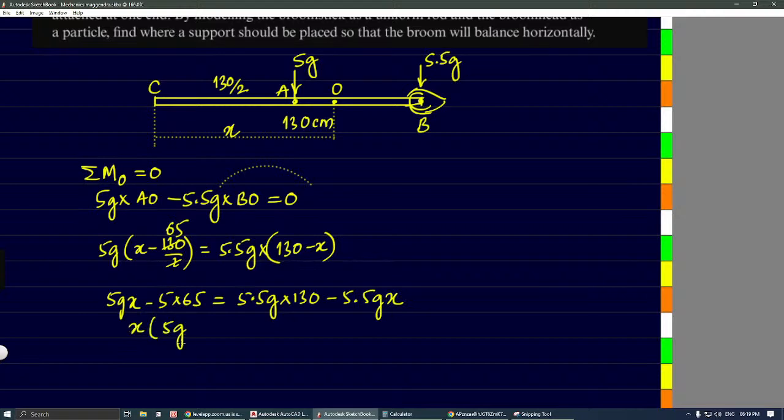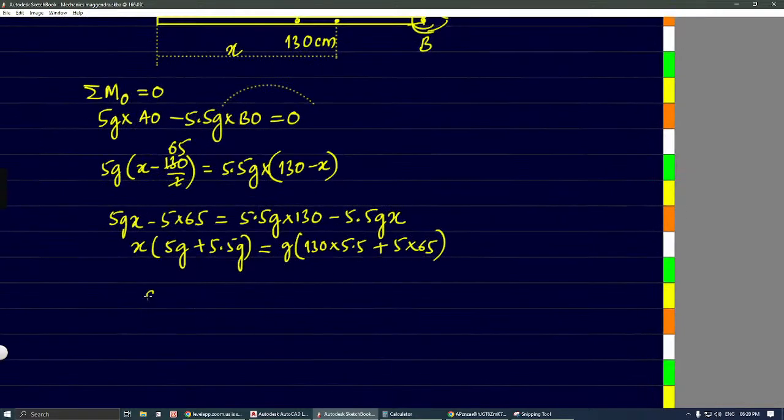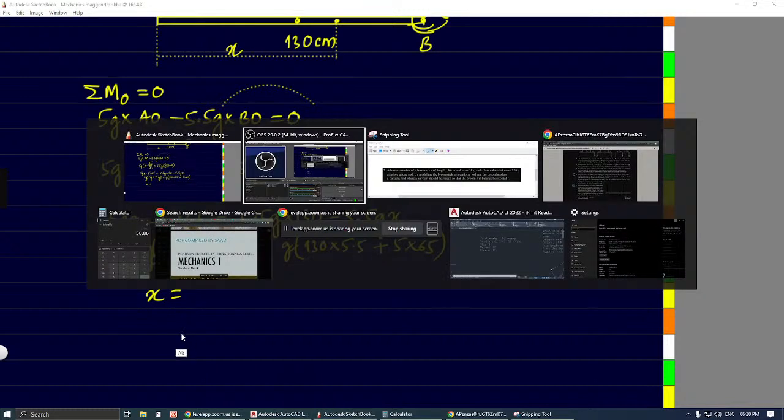So 5g plus 5.5g equals this total. If we take g common, that is 130 times 5.5. This term will come this side, 5 times 65. So find the value of x. I think g will cancel out now because g is there in every place. If g is taken outside, it will get cancelled. So x equals, find it.